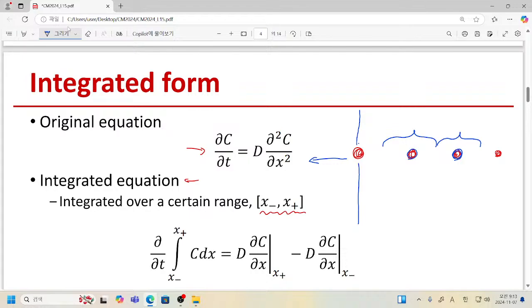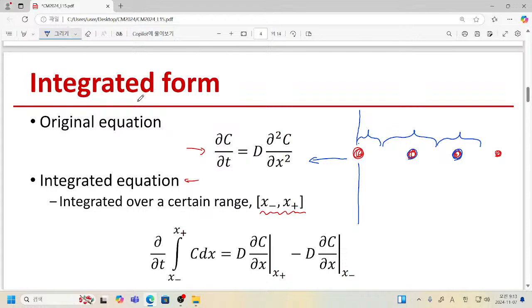So simply speaking, if we just draw the control length or control area, control volume, whatever, in this case we have to have half of the other one. So that is a simple reason why we have a different coefficient for this one.